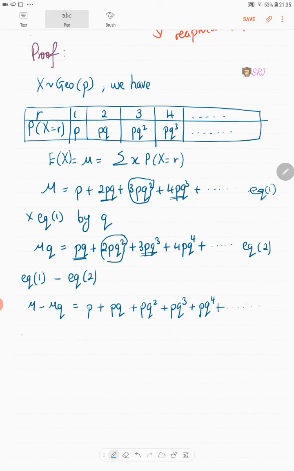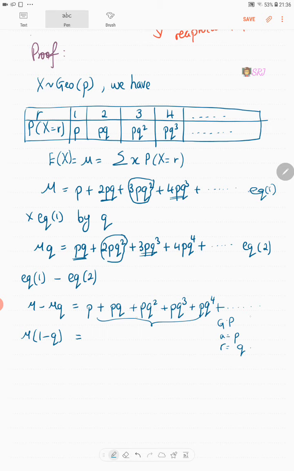So we can write mu common, 1 minus q, which is equal to an infinite sequence, and we can see that this is a geometric progression with first term a equal to p and common ratio q. We saw that for a geometric progression with first term p and common ratio q, the sum to infinity is 1.